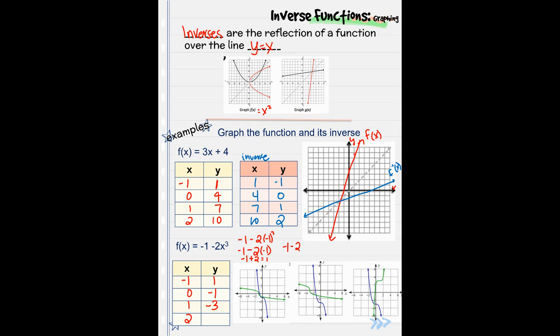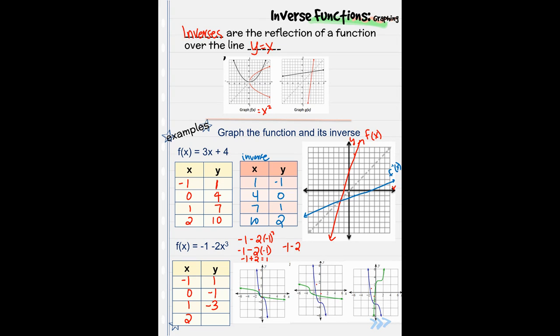So let's look at our graphs and see where these are. So -1, 1. It's kind of hard to tell on these graphs, huh? -1, 1 would be right there. 0, -1 would be right there.